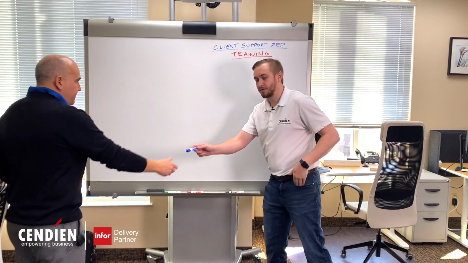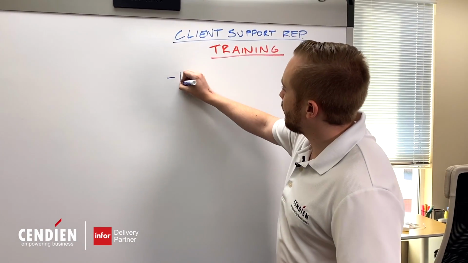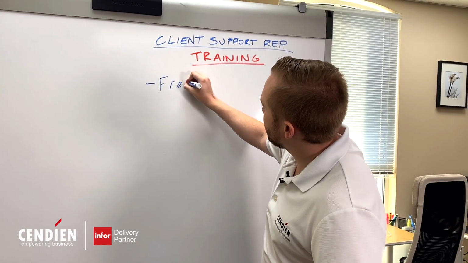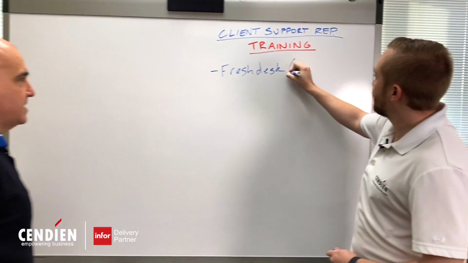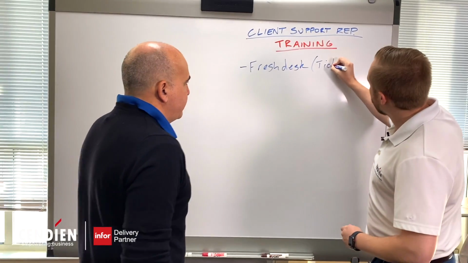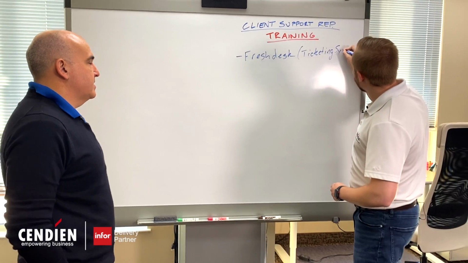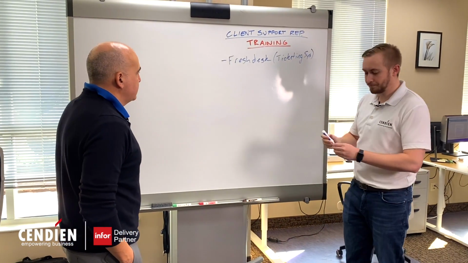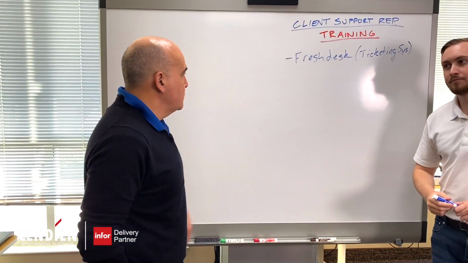Sure. So let's get right into it. The first thing we want to cover is an overview of Freshdesk. Freshdesk is our ticketing system. That's what we use for covering tickets. But this will cover essentially any ticketing system that we use. Some of our clients use their own ticketing system, but we like to use Freshdesk.